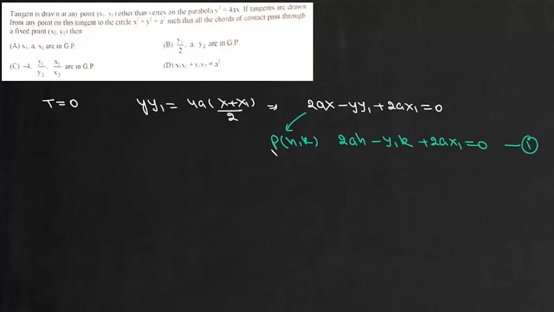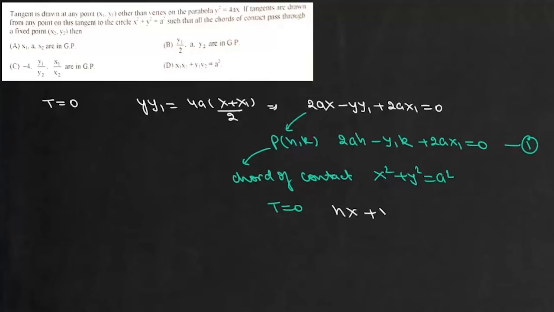Now from this point, if we write the equation of the chord of contact to this circle, x square plus y square equals a square, we know that the chord of contact is given by T equals 0. So we'll get this equation as hx plus ky equals a square, and it says the chord of contact will pass through this fixed point x2, y2.